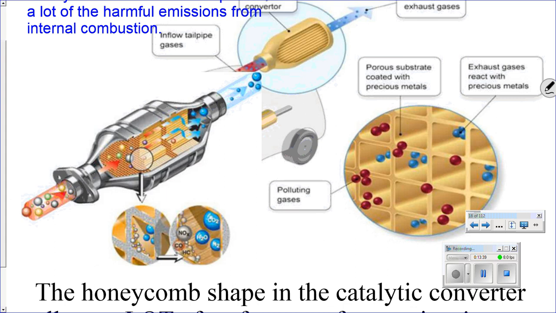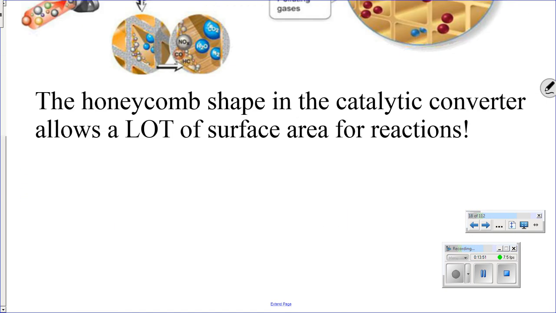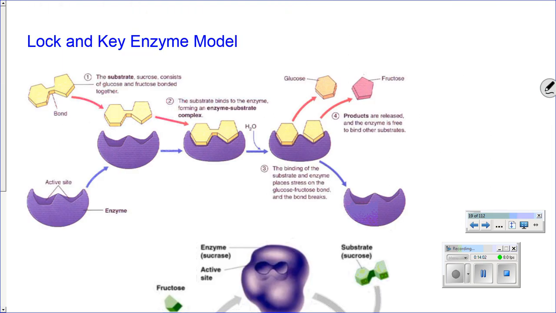They're porous and they're able to kind of grab onto some of the exhaust gases and prevent them from going into the atmosphere. And this has a nice honeycomb shape that you can see here that really gives you a lot of surface area to help the reactions happen, so that instead of these gases going out into the atmosphere, they're able to be stuck in your car and react to make other things.